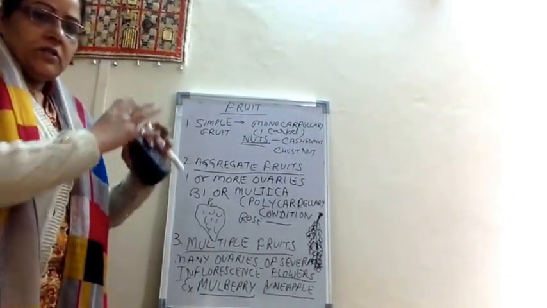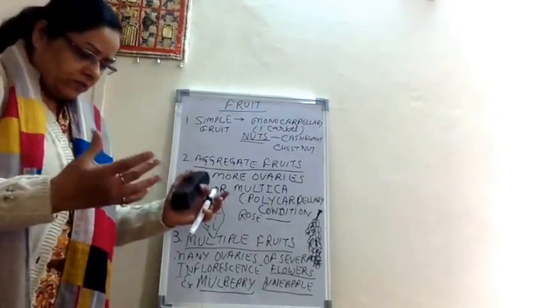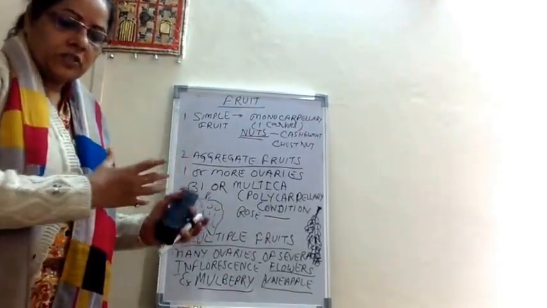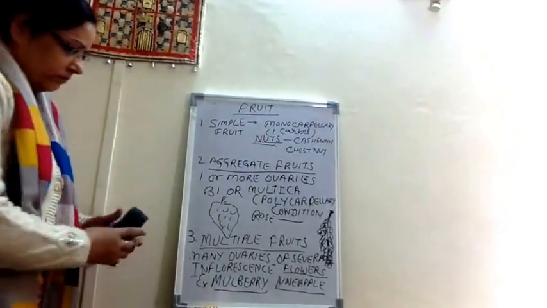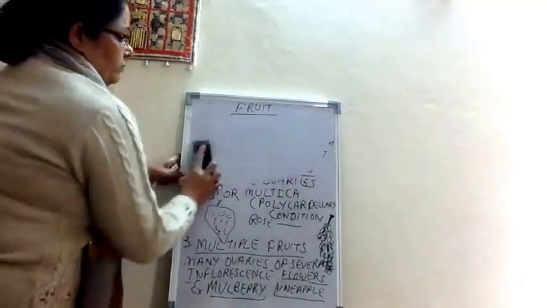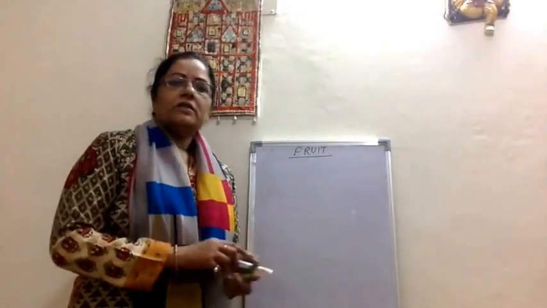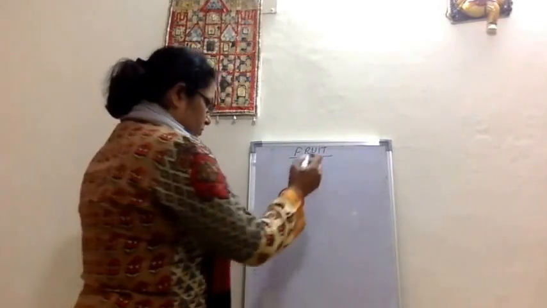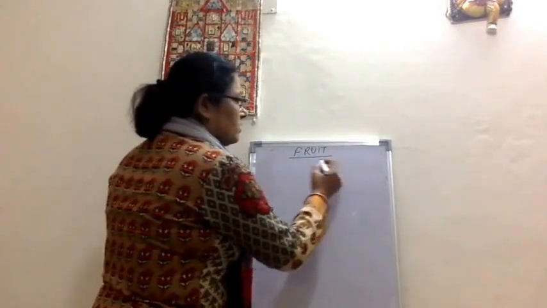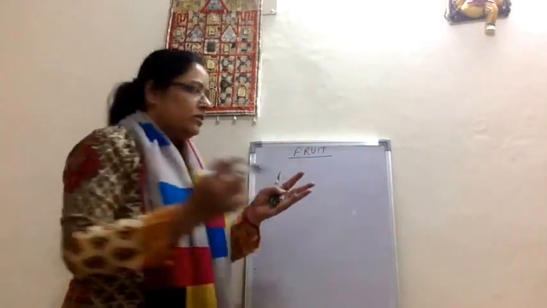Now the structure of fruit. We will discuss the structure of fruit. There are three layers in a fruit.